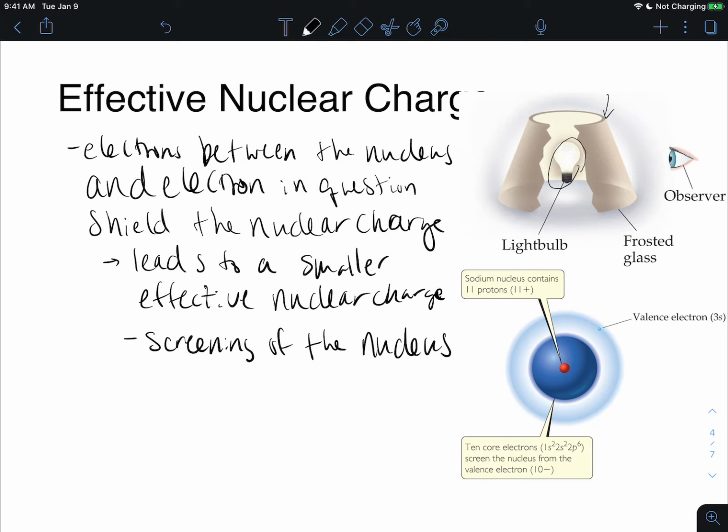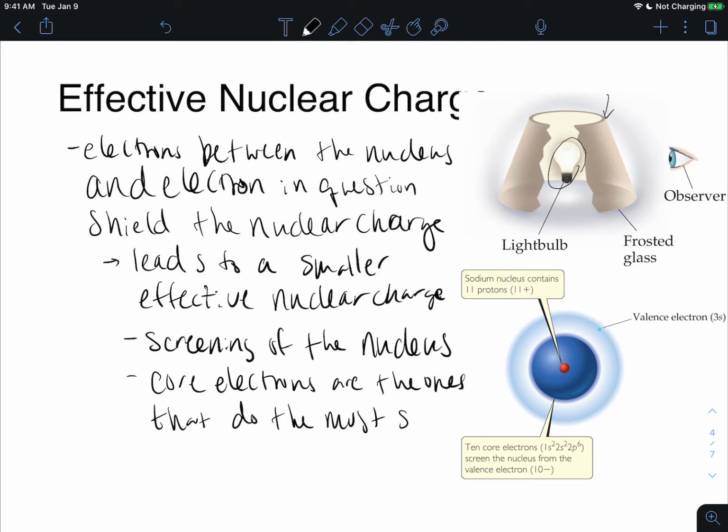Usually when we're thinking about the electrons that are screening our nucleus, we're thinking about core electrons, as the valence electrons are much more loosely bound and don't get in the way of other valence electrons. So our core electrons are the ones that do the most screening of the nuclear charge.